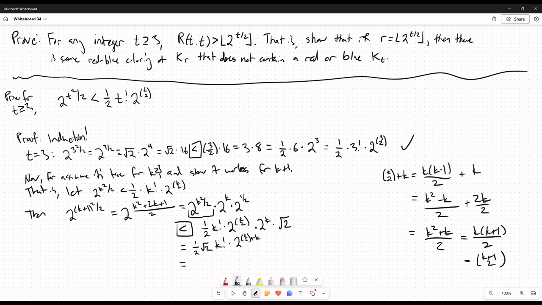So I can then rewrite this as 1/2 times square root of 2 times k factorial times 2 to the power of k plus 1 choose 2.